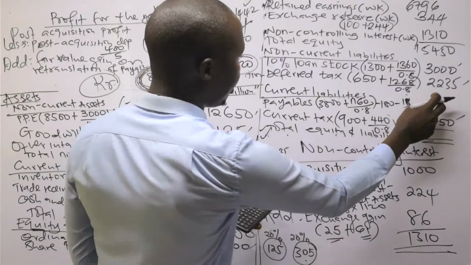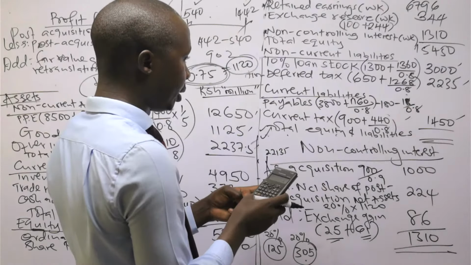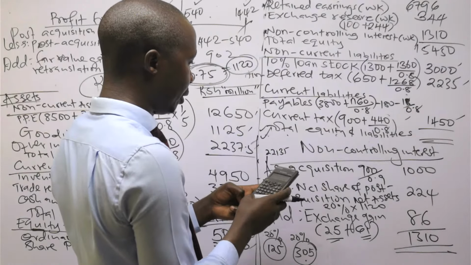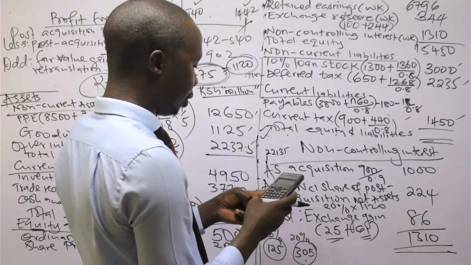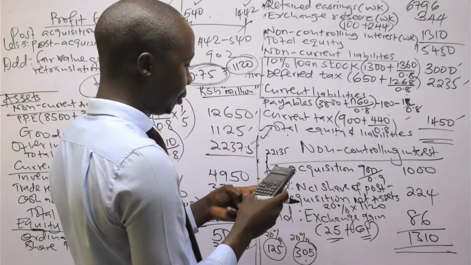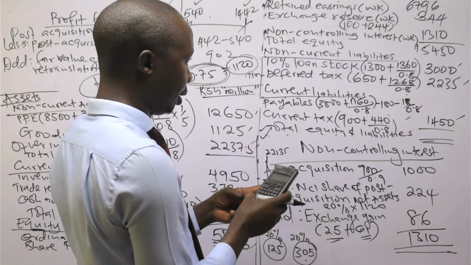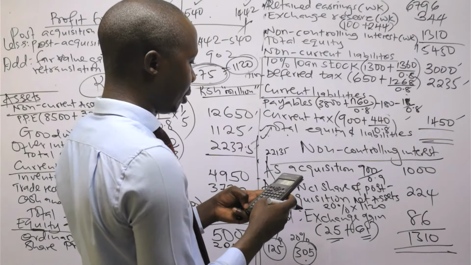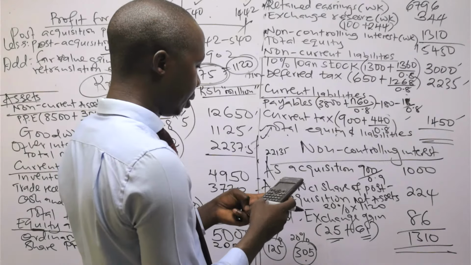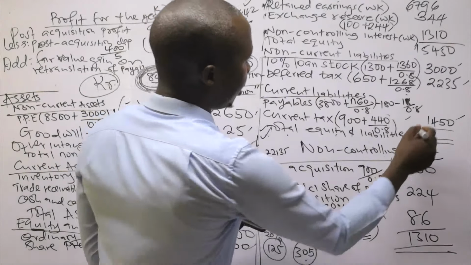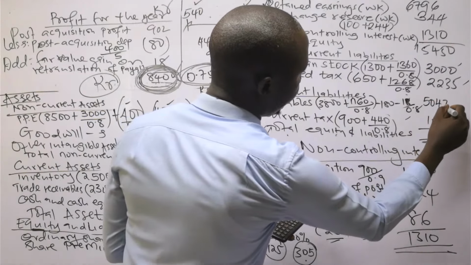So I need to determine these payables. So 3,800 plus 1160 divide 0.8 minus 180 minus 18 divide 0.8. So this is 5047.5.